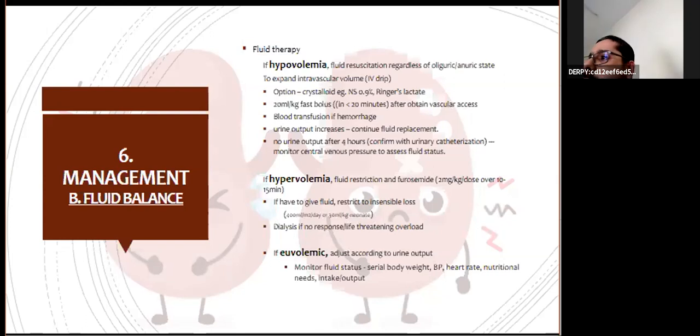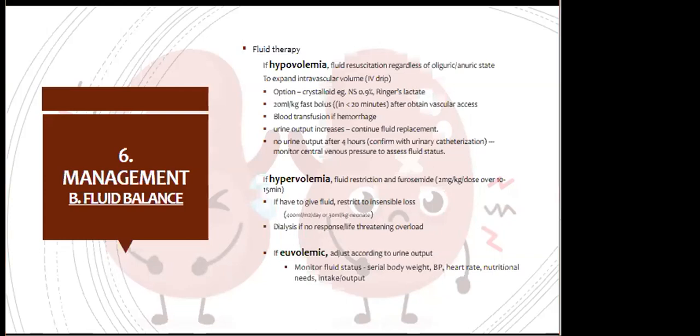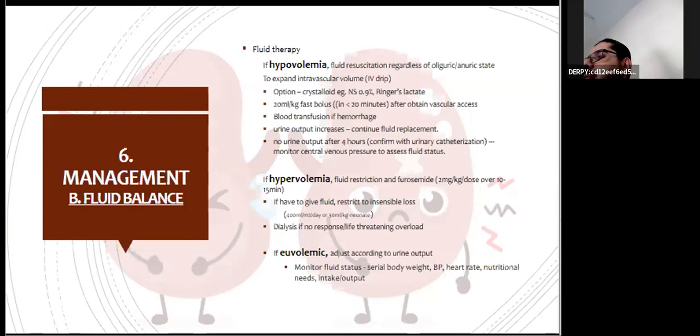Can you repeat again? It is the square root of weight in kilogram times height in centimeter, divided by 3,600. Correct, fantastic. That's the body surface area, and the insensible loss is equivalent to 400 ml per meter square.